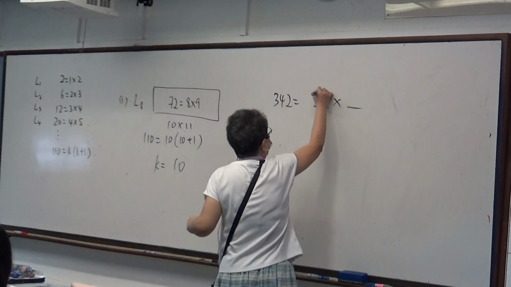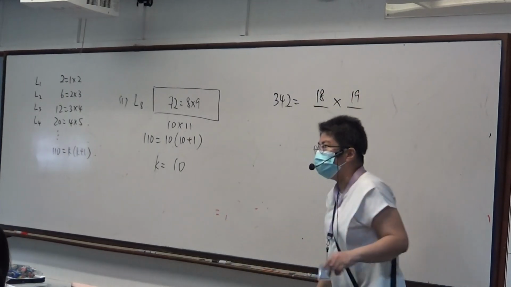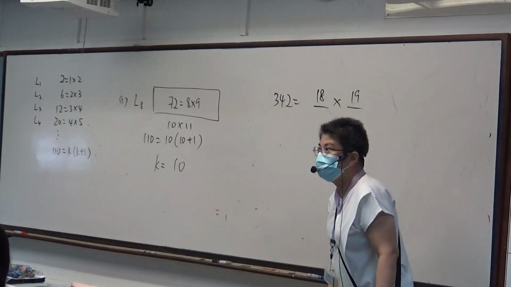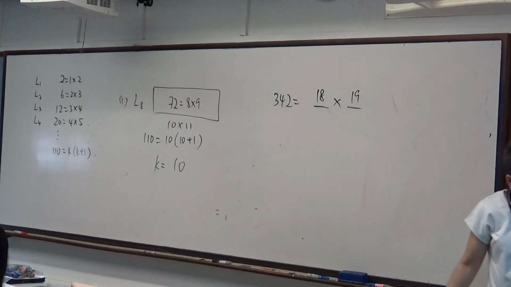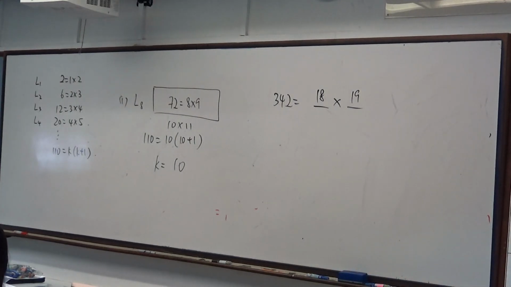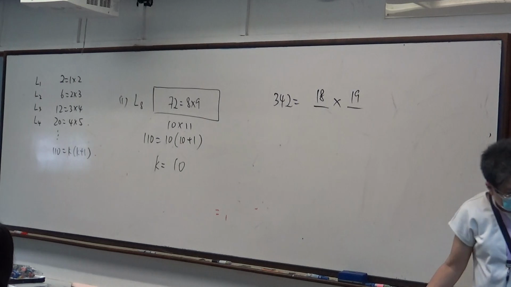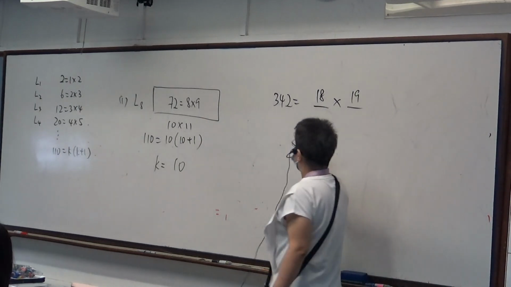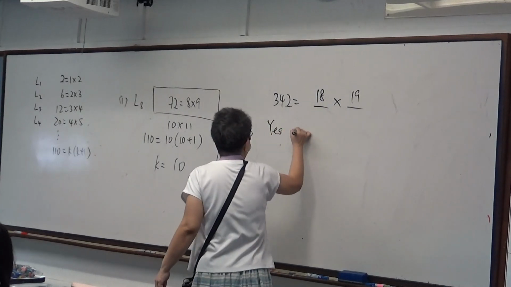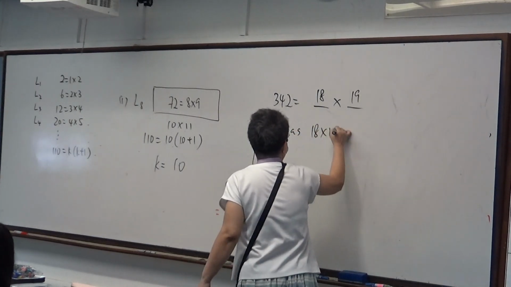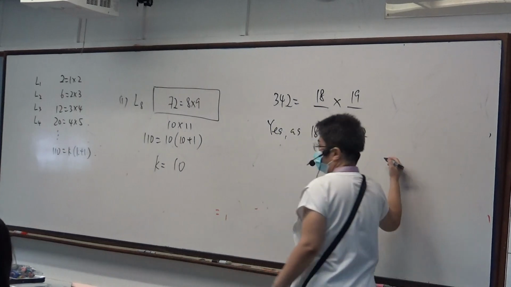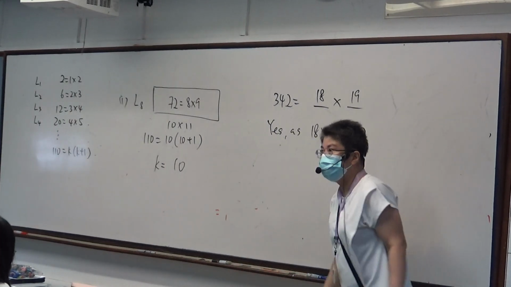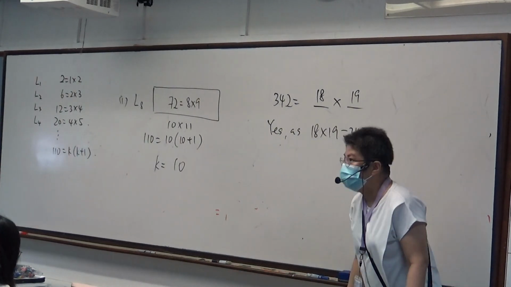All of you check. Use your calculator. 18 times 19. Is it 3, 4, 2? So then they ask you, will there be a line with 3, 4, 2 on the left hand side of your answer? Yes, right? Okay, so the answer is yes, as 18 times 19 is equal to 342. Correct? Yes or no?